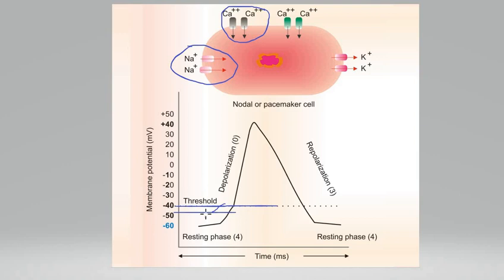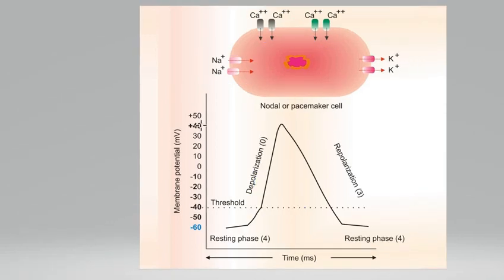Once the intracellular voltage reaches the threshold, this triggers another type of calcium channel to open, that is the L-type calcium channel. Once the L-type calcium channel opens, a huge number of cations move inside the cell and shoot up the intracellular voltage to +40 millivolt. This phenomenon is known as depolarization of the cell or zero phase.